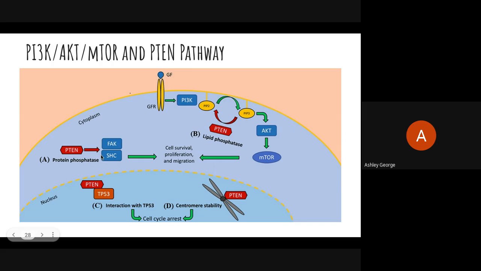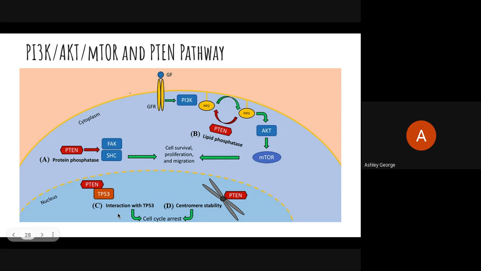So if we're moving over to B over here, PTEN inhibits the PI3K AKT signaling cascade. So if this were allowed to continue, it would lead to cell survival, proliferation, and migration of cancer cells.